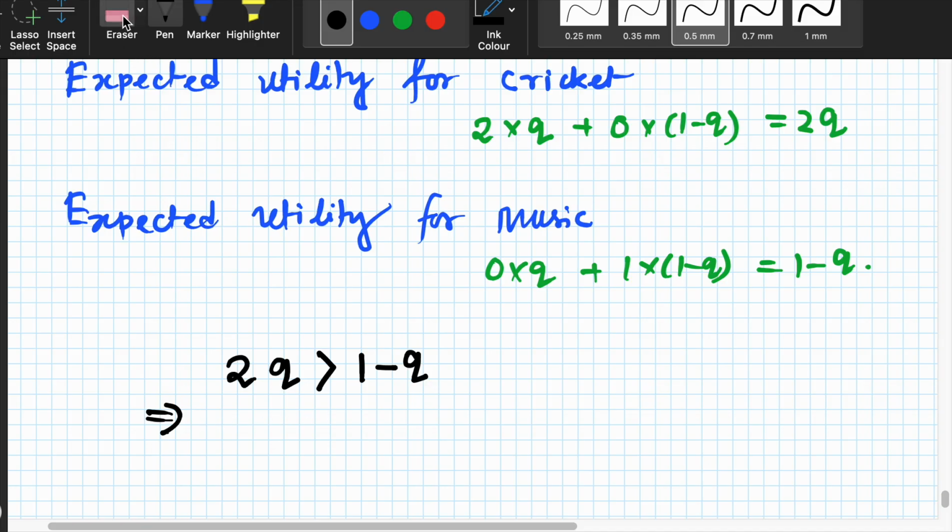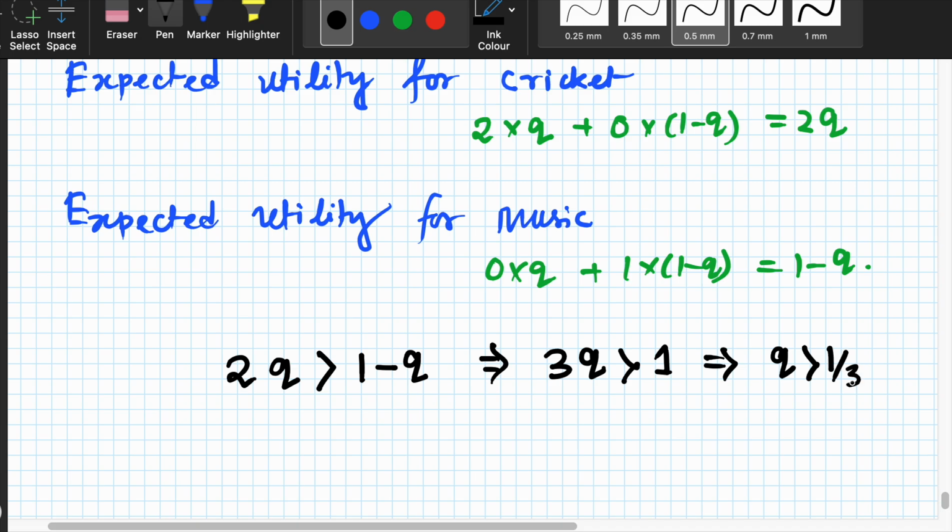This is equivalent to saying 3q has to be greater than 1, which is equivalent to saying q has to be greater than 1/3. So in this situation cricket is the best response for player 1.